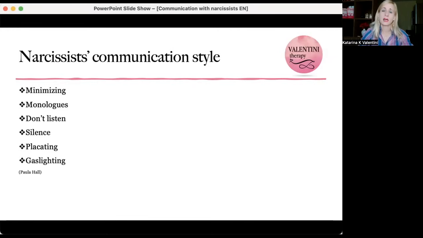And when they are minimizing our problems or minimizing the importance of our wishes and desires, then they are in fact saying that we are exaggerating, that they are clearly demonstrating that they do not understand what we are experiencing or going through. They don't understand how difficult or painful something is for us.